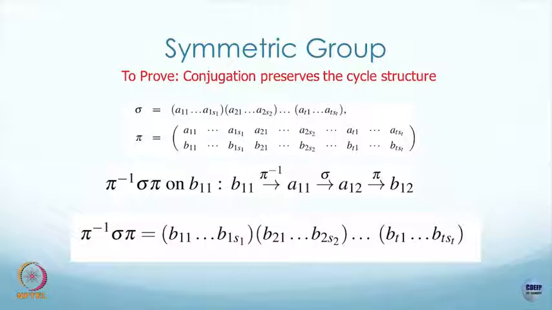Let me write it for you. Sigma, I have written it as A11, A12, A1S1, A21, A22, A2S2 and so on, right. The same thing I could have written here in this notation.